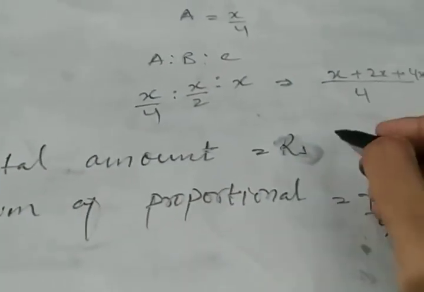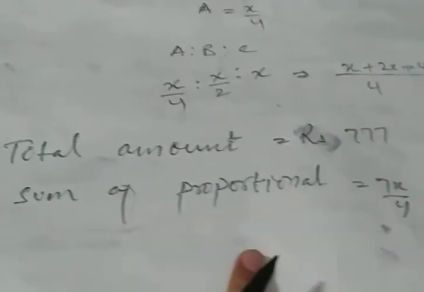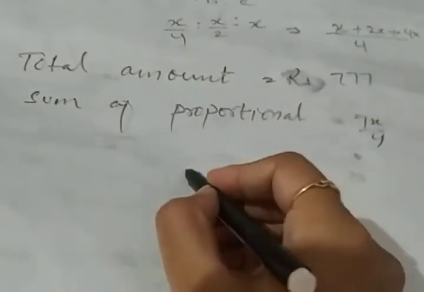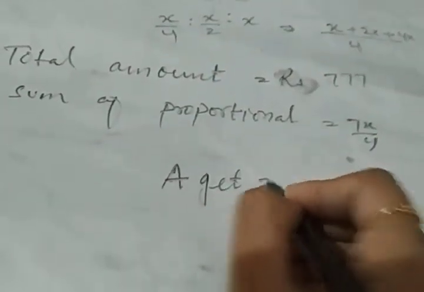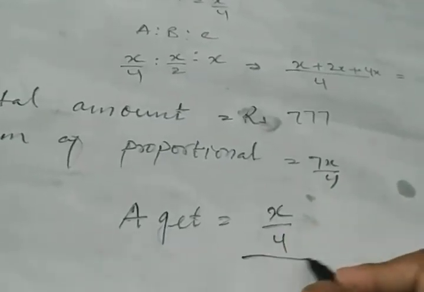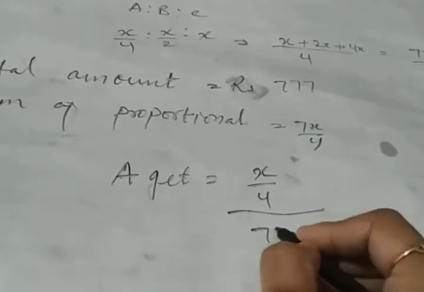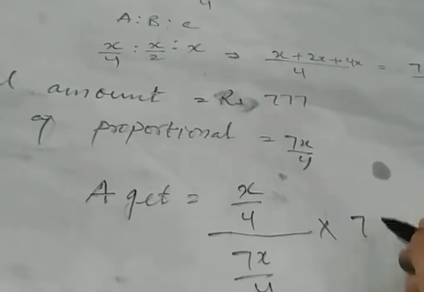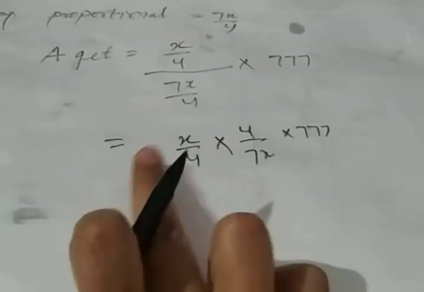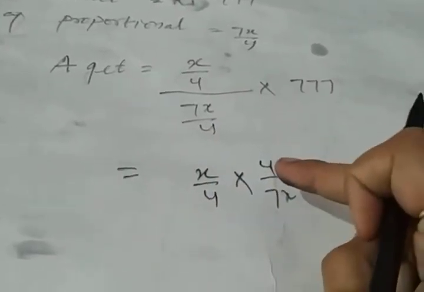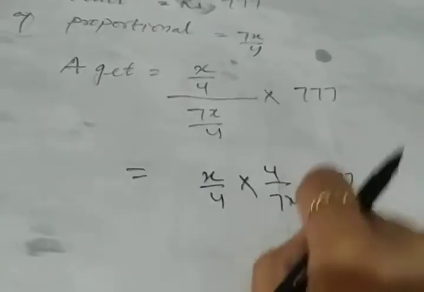The total amount is rupees 777 and the sum of the proportions is 7x upon 4. Then we have to find the values of A, B and C. So how to find out A's share: A is X upon 4 and the total is the sum of proportions 7x upon 4, and we multiply it by rupees 777.